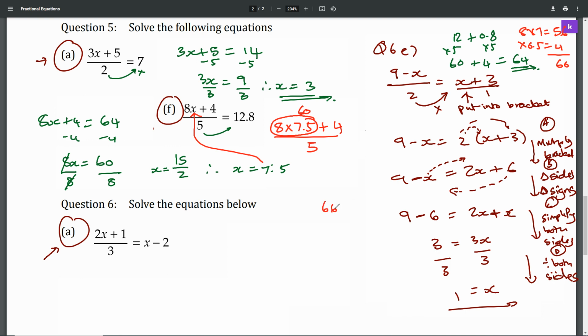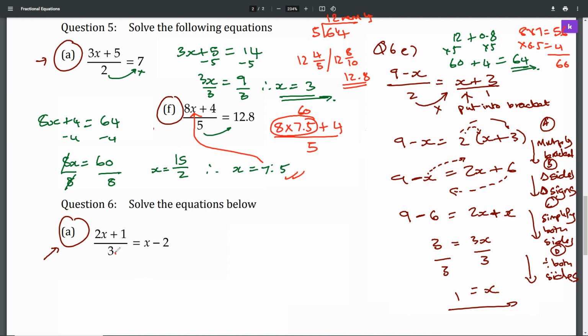And what is 64 divided by 5? You can calculate that as well using, let's say, short division. 5 goes into 6 once, remainder 1, 5 goes into 14 2 times, remainder 4. So that's going to be 12 and 4 over 5, or 12 and 8 over 10, which is the same as 12.8. So that answer looks correct, 7.5. And these checks I'm doing manually. You can use a calculator if you have one, or if you're allowed, right?